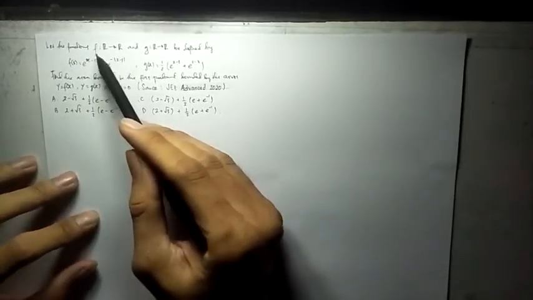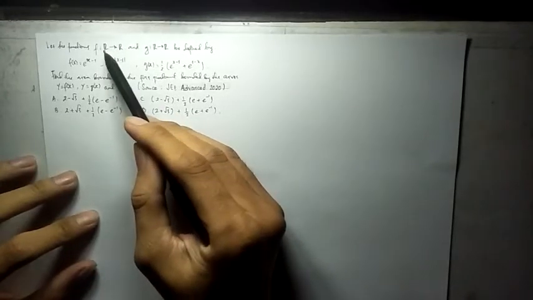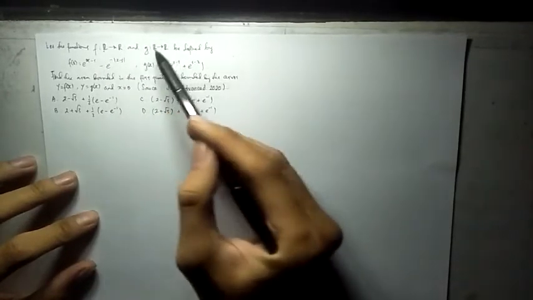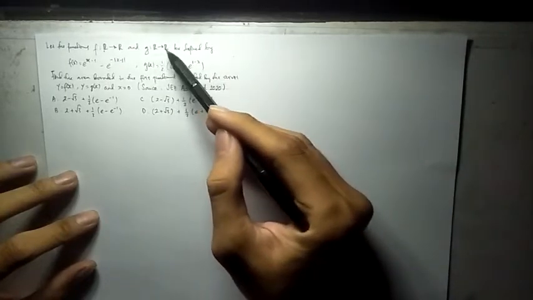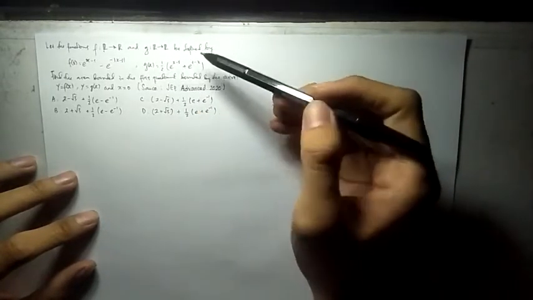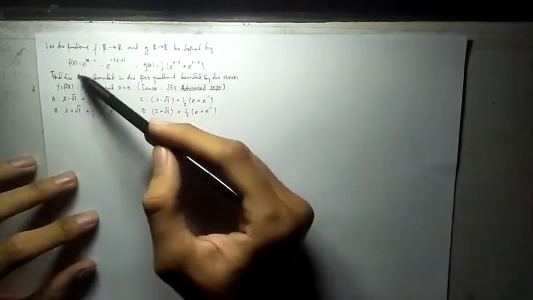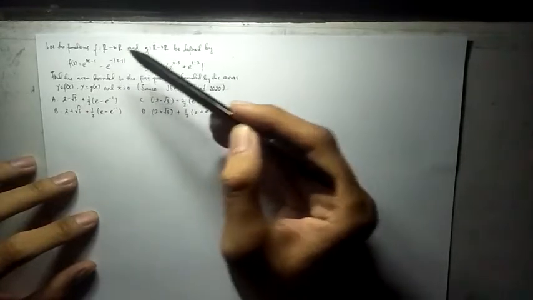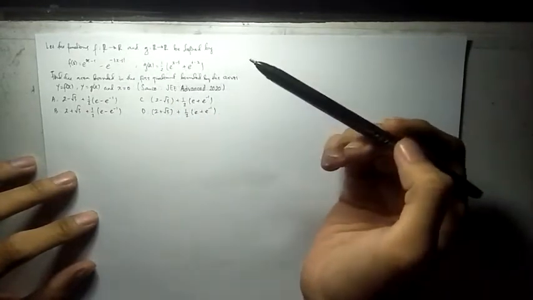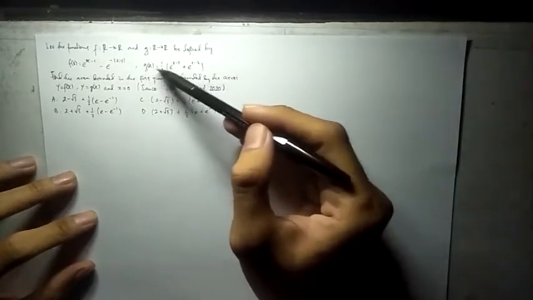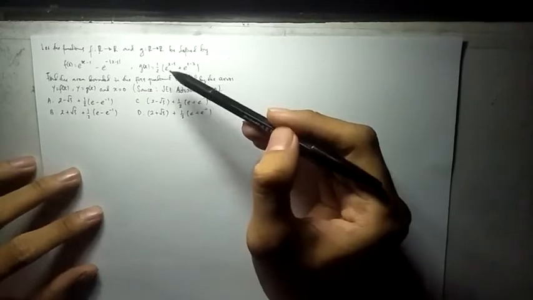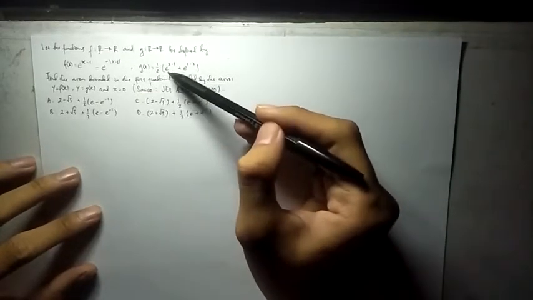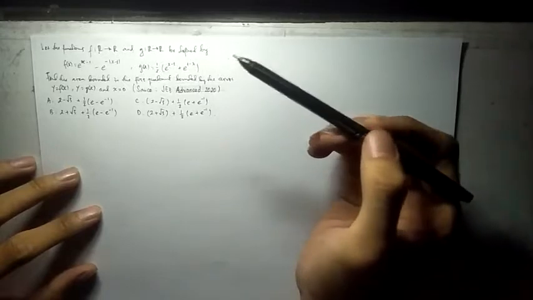The question states: let the functions f map from real to real, and the function g map from real to real, be defined by f of x equals e to the x minus 1 minus e to the quantity negative of absolute value of x minus 1, and g of x equals 1/2 times the quantity e to the x minus 1 plus e to the 1 minus x.